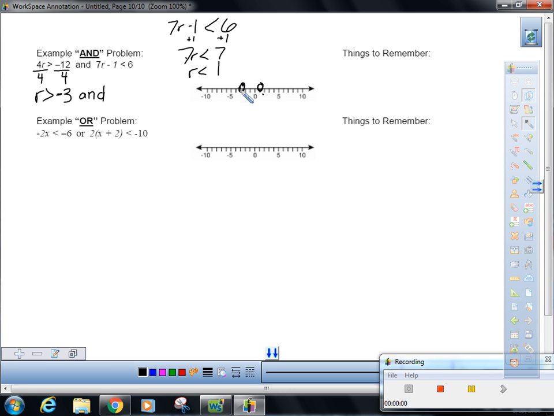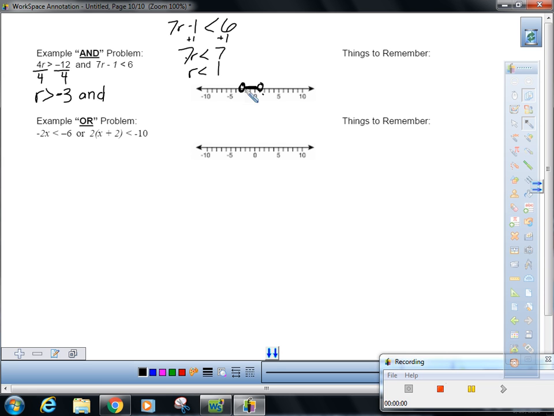I need all the numbers that are bigger than negative 3 and also less than 1. Would 5 work? Well, 5 is bigger than negative 3, but it's not less than 1, so no. Would negative 5 work? Well, negative 5 is less than 1, but it's not bigger than negative 3. So that's why we shade all the space on the number line in between the two open dots.